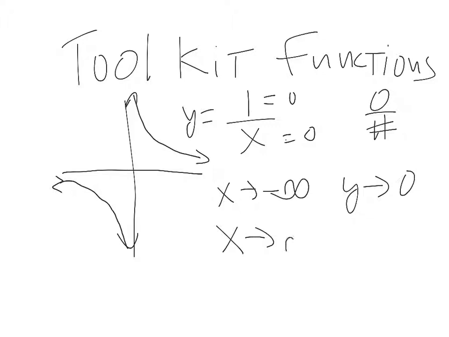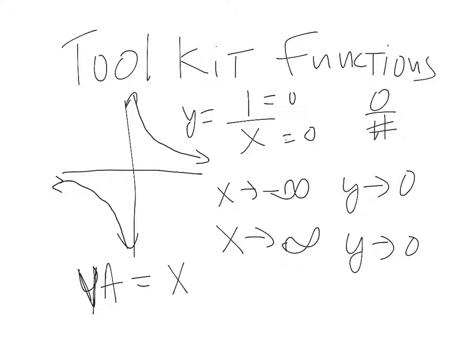So as x approaches positive infinity, y also approaches 0. A couple of pieces we want to think about: there's a vertical asymptote wherever the denominator equals 0. In this case, when x equals 0, there's a vertical asymptote at x equals 0, and 0 is not included in the domain.